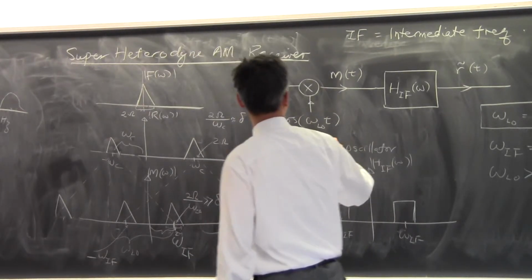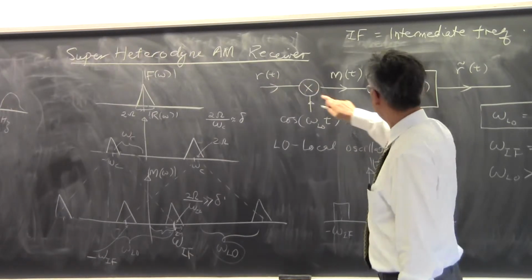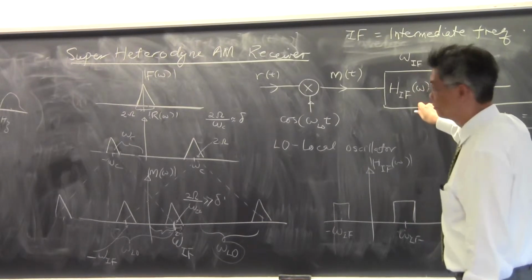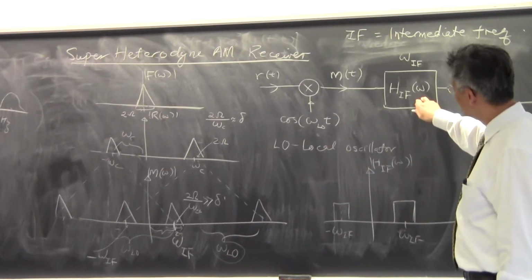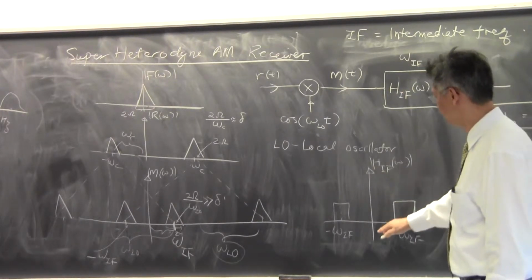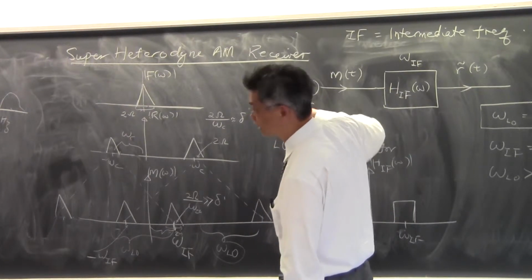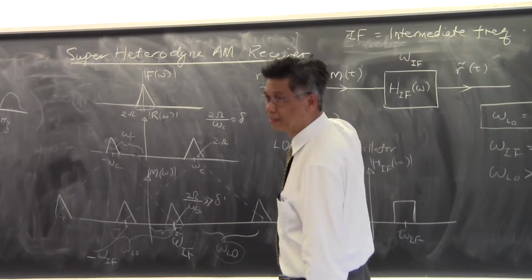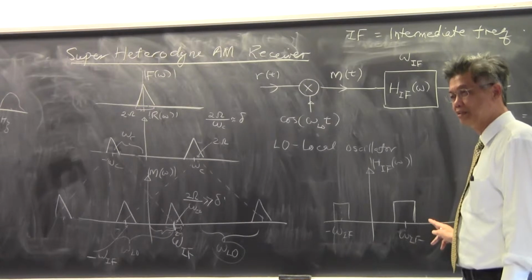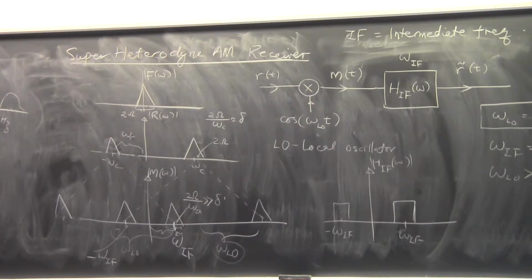I tune my local oscillator frequency for different radio stations that I want to tune to. All of them get down converted into this frequency. And I need to only design this high quality filter for that frequency. Okay? So for different stations, I just turn the knob. Okay? There's a knob somewhere over here. I need to turn. Okay? And then I can pick up different radio frequency, and they all go through this very high quality bandpass filter. So I need to design only one filter for all radio stations.